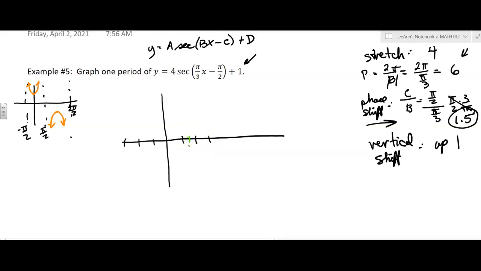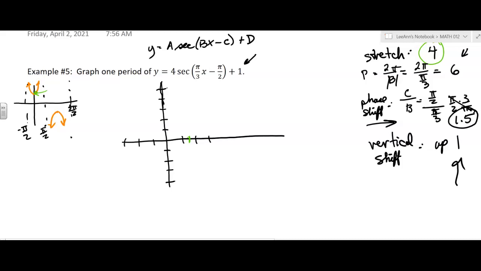Now, what point got moved over? It's the point that we had at 0, which got shifted over 1.5. But it's not going to be at 1 because it has a stretch factor of 4. Let me get some more marks on here: 1, 2, 3, 4. But there's also a vertical shift up, so the whole thing gets shifted up 1.